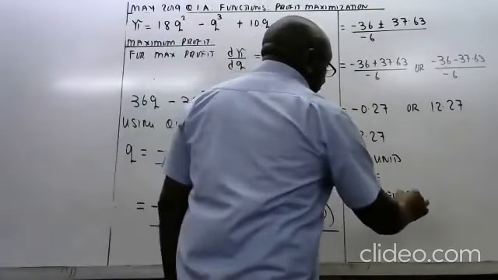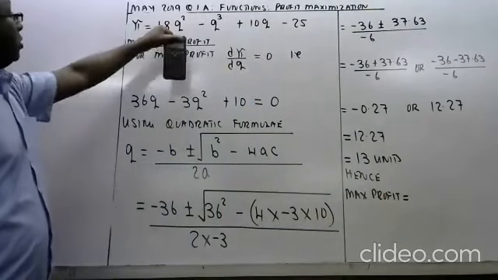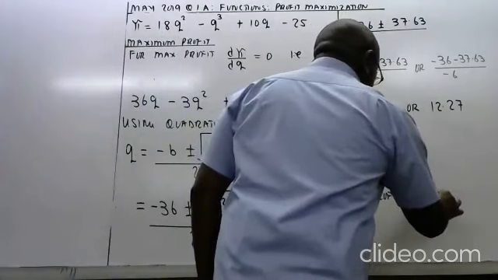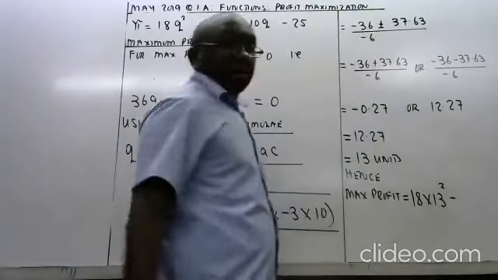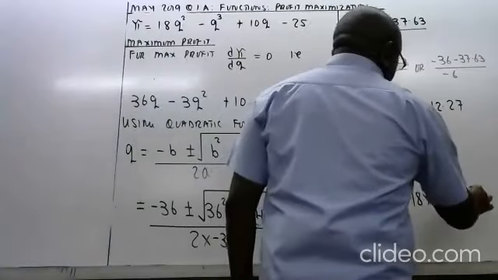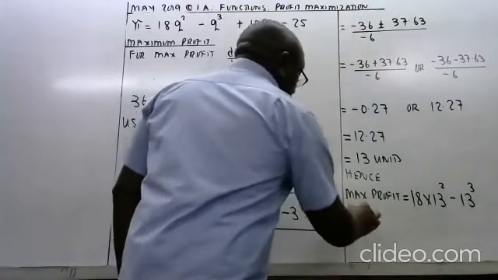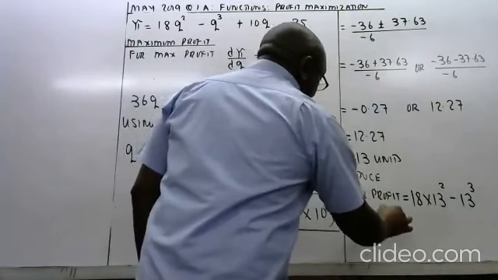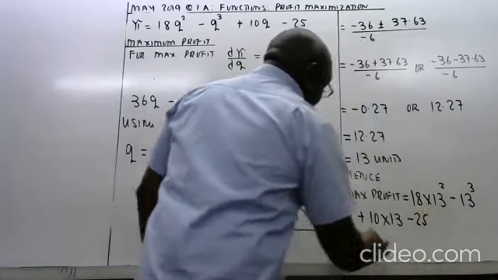You just put in this function: 18 times 13 squared minus 13 cubed plus 10 times 13 minus 25.